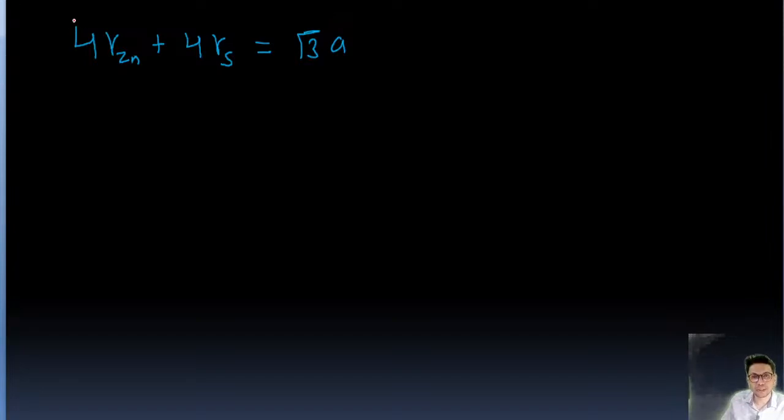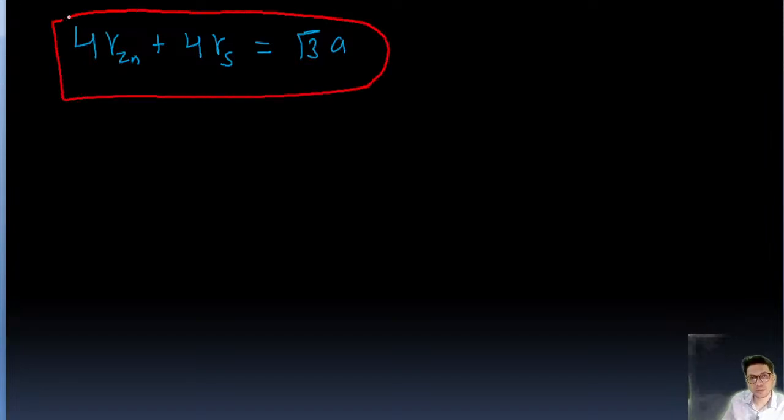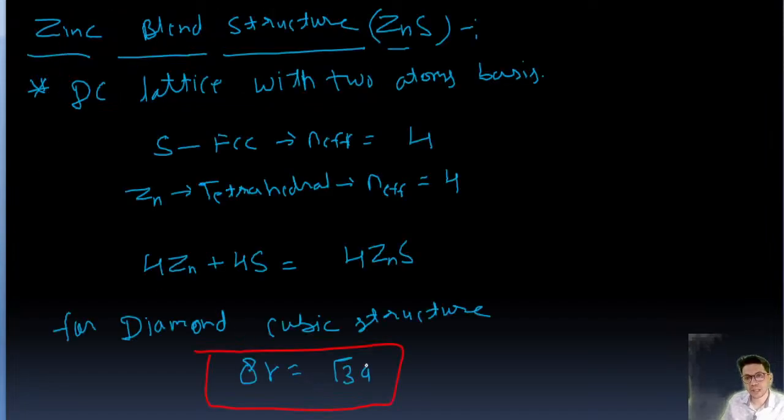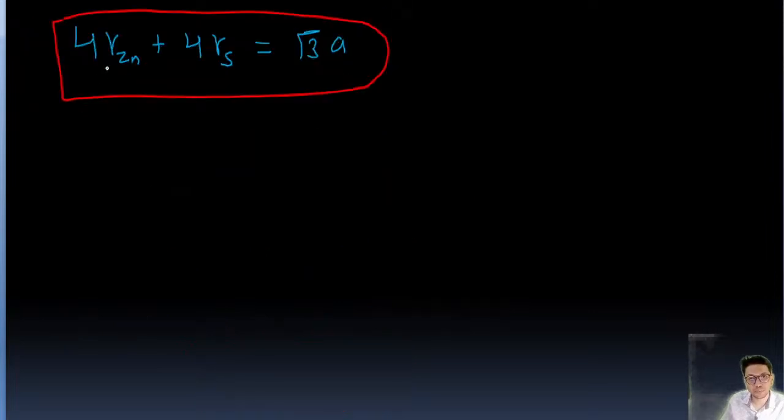Very important point, guys. Since for diamond cubic structure 8r equal to root 3 a, that's why 4 r_Zn plus 4 r_S equal to root 3 a.